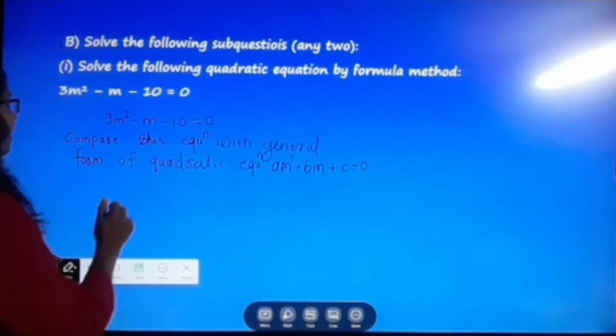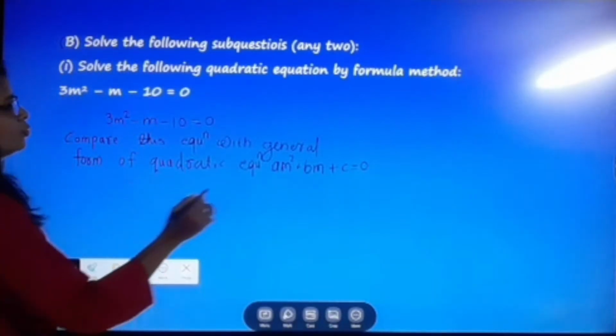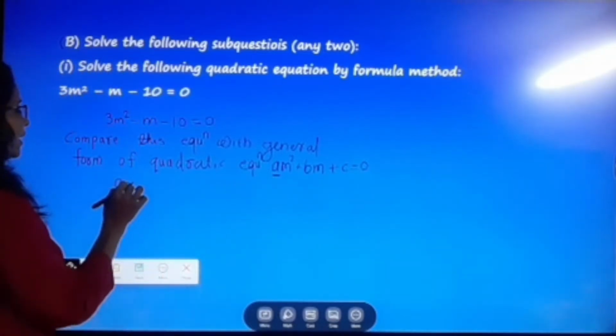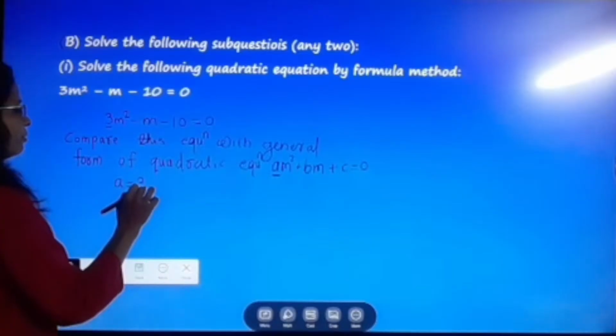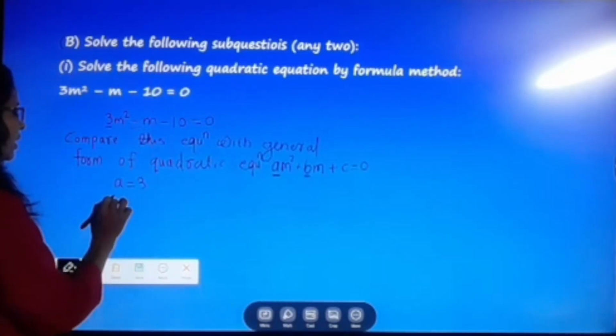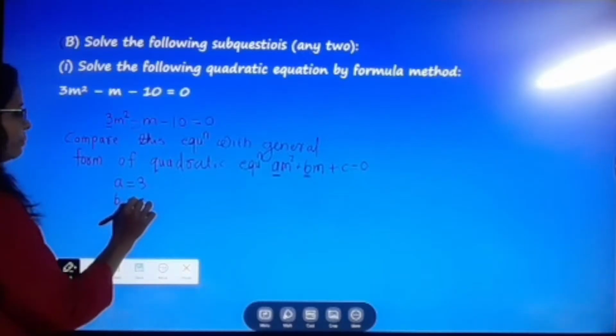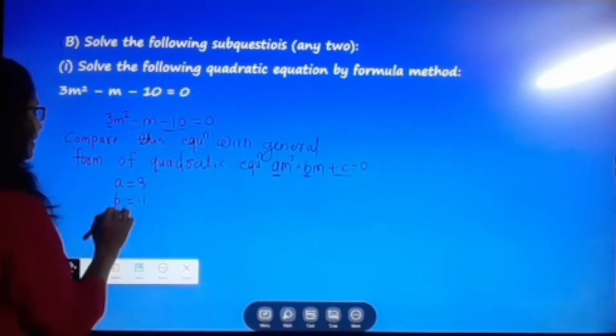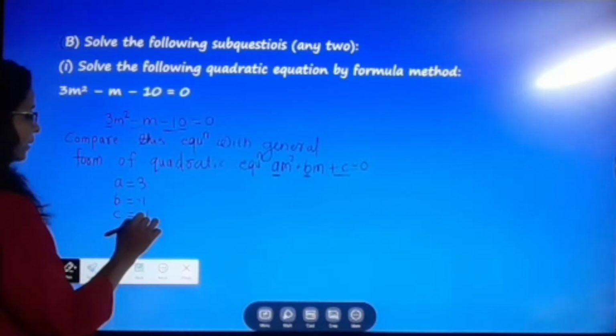So here students, by comparing, at the place of a, here is 3, so a is equal to 3. At the place of b, here the coefficient is minus 1, so I write b is equal to minus 1. At the place of c, students, there is minus 10, so I write c is equal to minus 10.